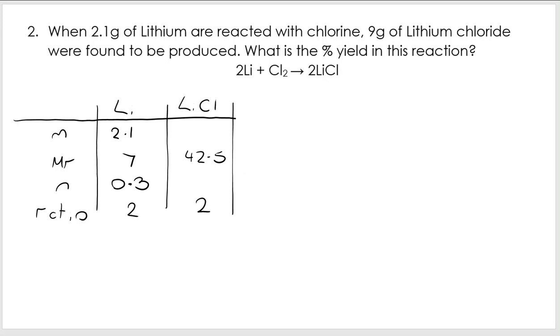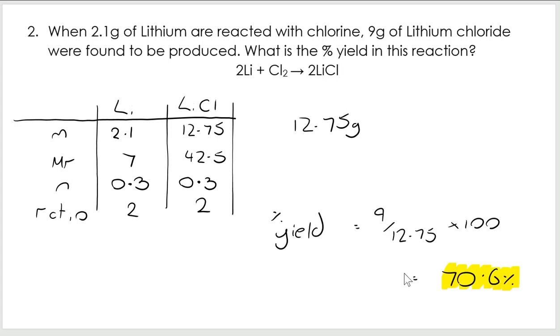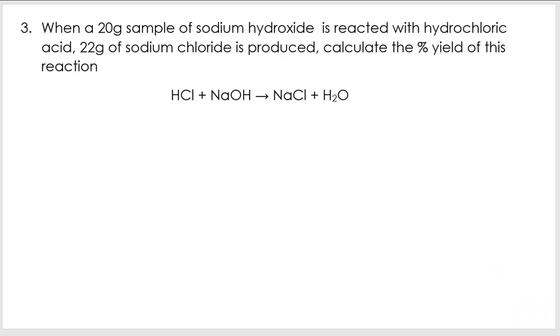If 2 moles makes 2 moles, 0.3 moles makes 0.3 moles. Multiply my n and my MR together, I get 12.75 grams. Now, I should have made 12.75 grams, theoretically, but I only made 9. So 9 divided by 12.75 multiplied by 100, I get a percentage yield of 70.6%.